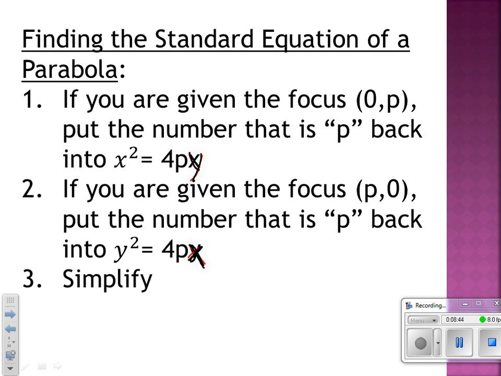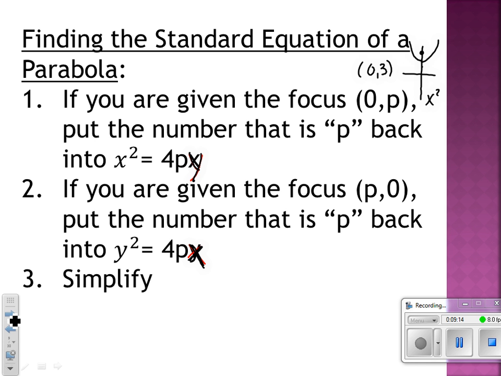Okay, so let me try to diagram this a little bit. You're given a focus of 0, p, okay? If that was like 0, 3, let's just pretend, would everybody agree that 0, 3 is right here? If that's the focus, and that's inside my parabola, it would either have to open up or open down with that inside it. Okay, so if that's the case, I know I have to be looking at the x squared version of my parabola.